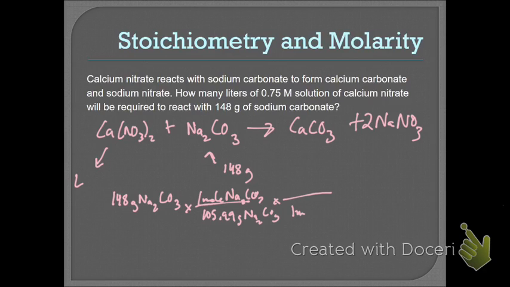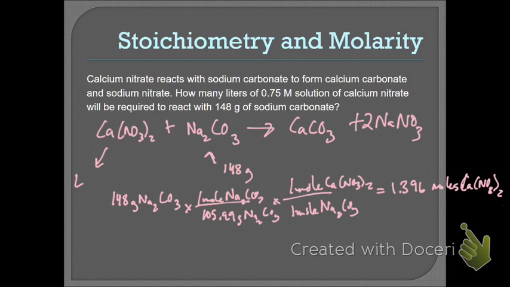For every 1 mole of Na2CO3, there's 1 mole of calcium nitrate. So 148 divided by 105.99, so I get 1.396 moles of this calcium nitrate.